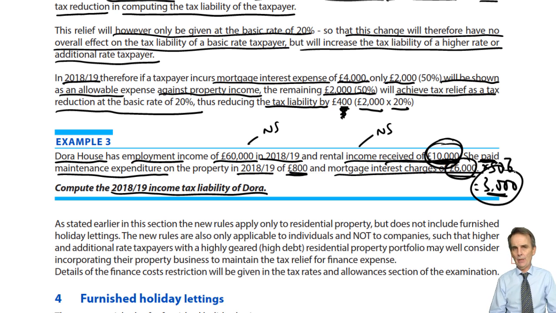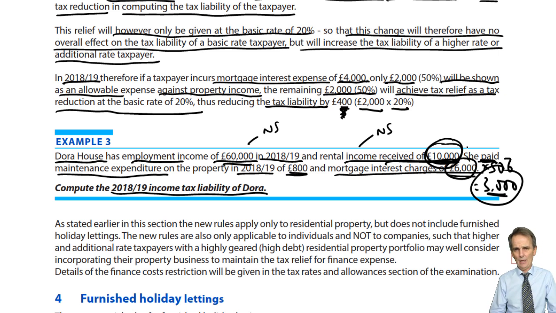So clearly the property income assessment is going to be bigger by comparison to what it was years ago by that differential of £3,000. And as we can see, 60 plus whatever the property income figure is there, we're going to be a higher rate taxpayer.